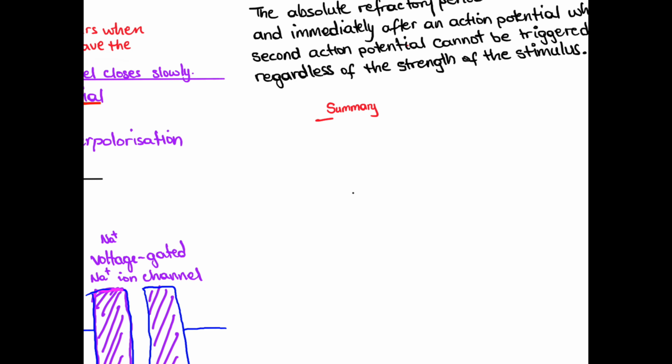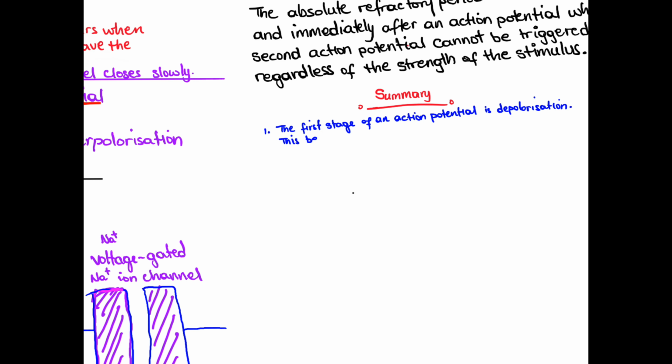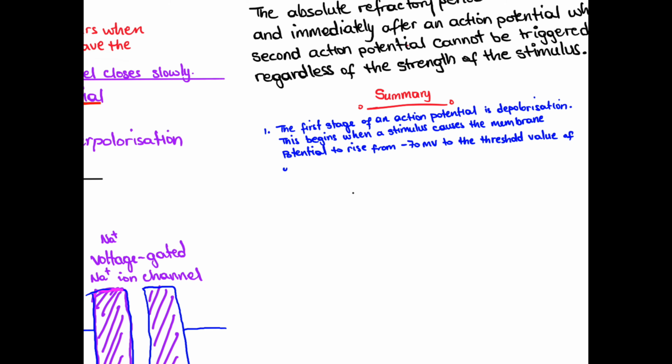So if the diagram was a bit tricky to make sense of, here's a summary of the action potential process. The first stage of an action potential is depolarization. This begins when a stimulus causes the membrane potential to rise from minus 70 millivolts to the threshold value of about minus 55 millivolts.